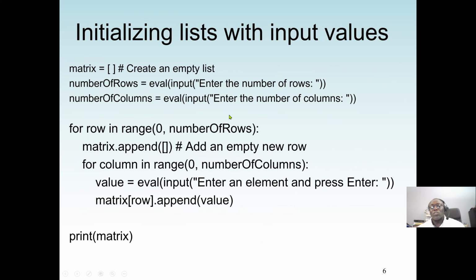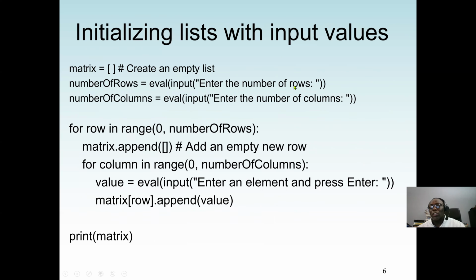So let's see our first code, and again, this is the Python language. How do we initialize lists with input values? Here, for example, we create an empty list called matrix. There's no size, nothing, so we create an empty list. Next, we are going to ask the user to enter the number of rows.